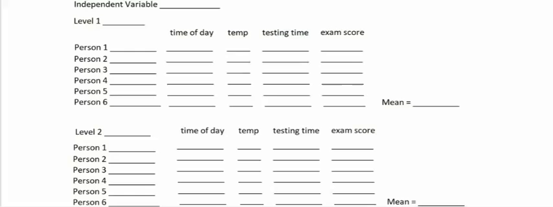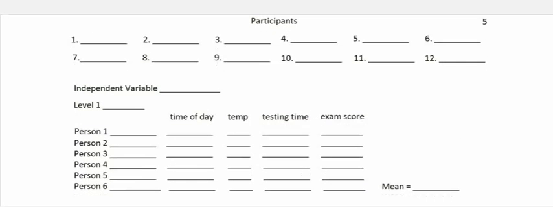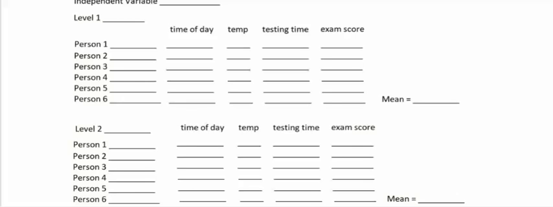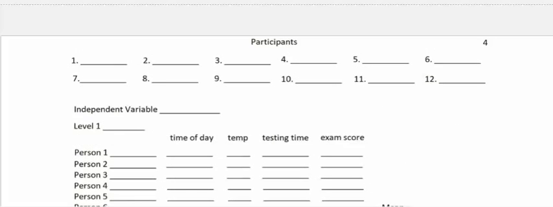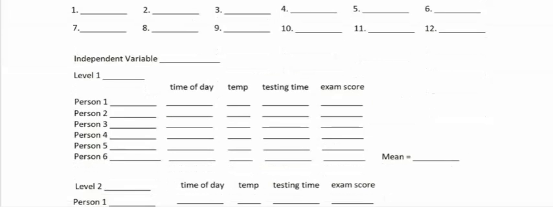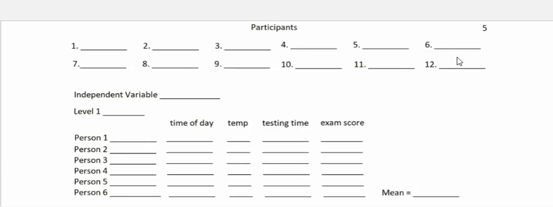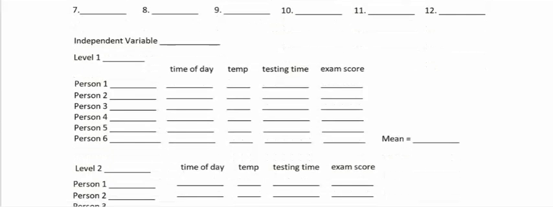It's fine if you just copy everything from page 1. Up here it could be the same 12 names, and right here it could be the same 6 names. Here it could be the same 6 names. That's fine.